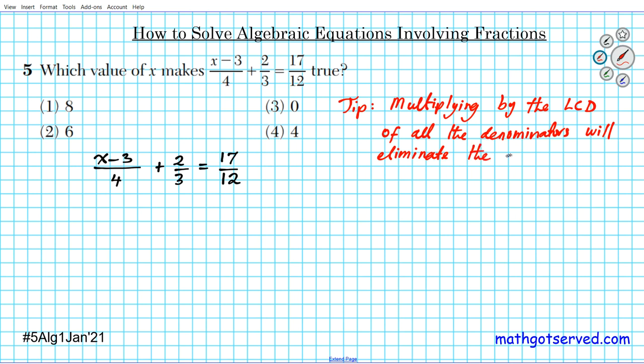Okay, so that's the goal here. We want to eliminate all of the denominators by multiplying by the LCD of all the denominators.